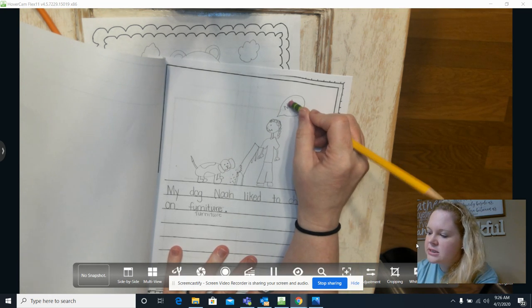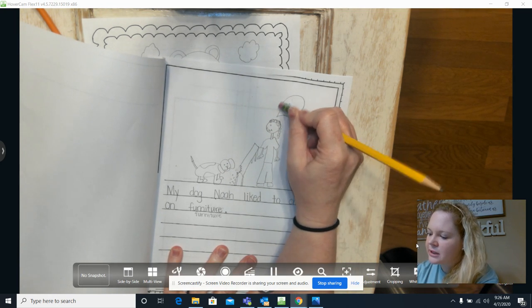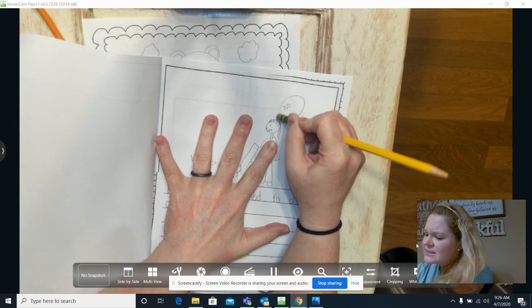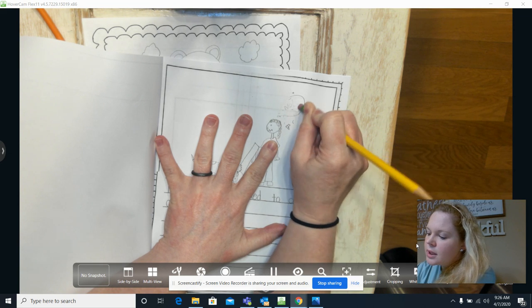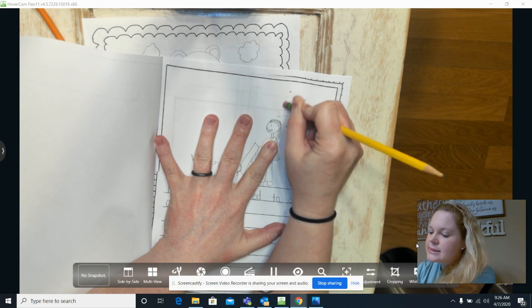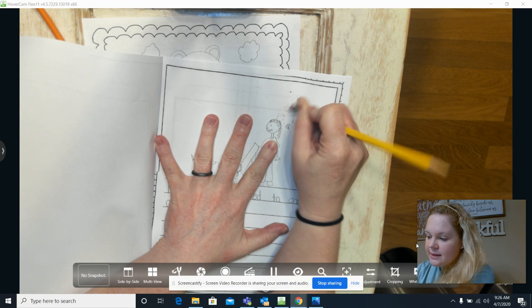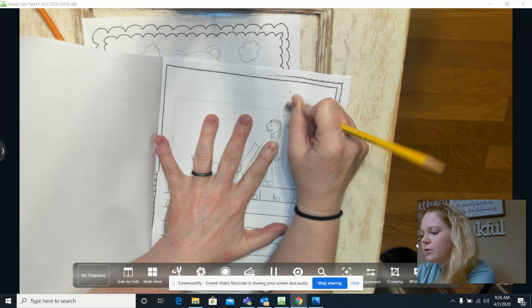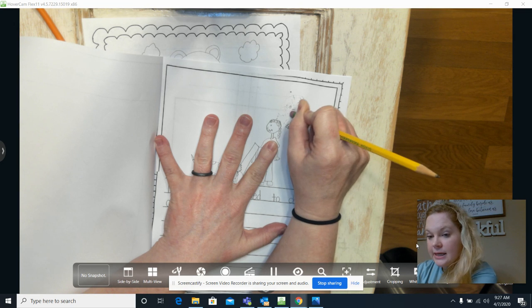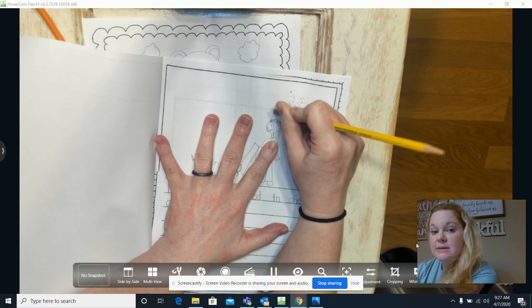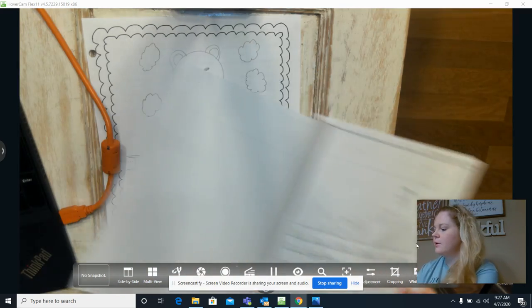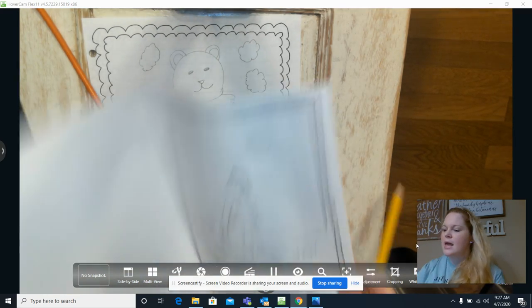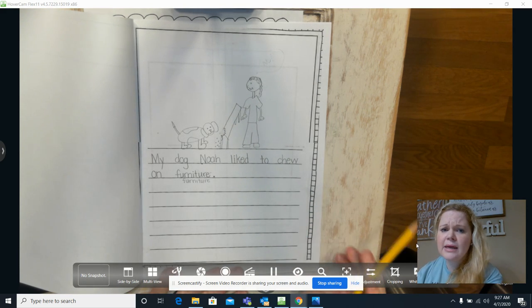I think it does. So something that's important when you're doing speech bubbles too is that you really want to write your words first before you write the speech bubble around it, because you don't know how much room you're going to need until you're done writing your words. So it's important to write those words down first that you want the speech bubble around, and then you can go in and write the speech bubble around it.